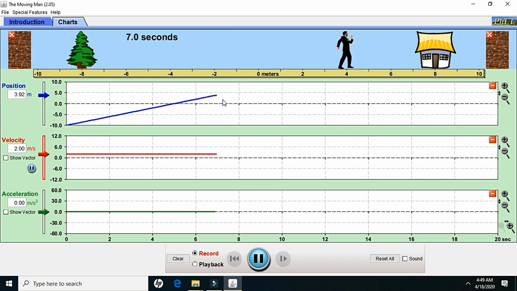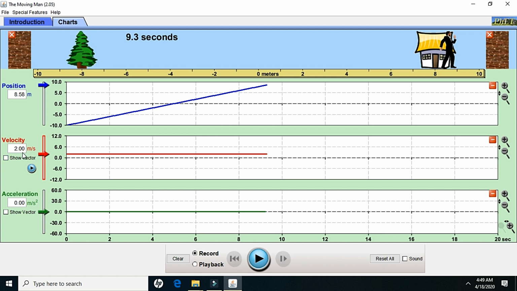Now he has covered, in 9.3 seconds, almost 18 meters. Why 18 meters? Because this is starting from minus 10. So minus 10 to 0 is 10 meters, plus 8 is 18 meters. He has covered it in 9.3 seconds, which is not factually exact, but it is somewhat correct.